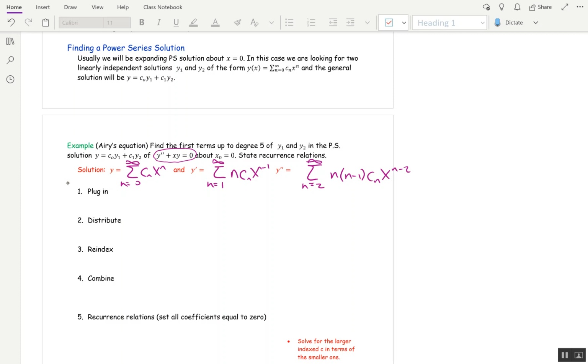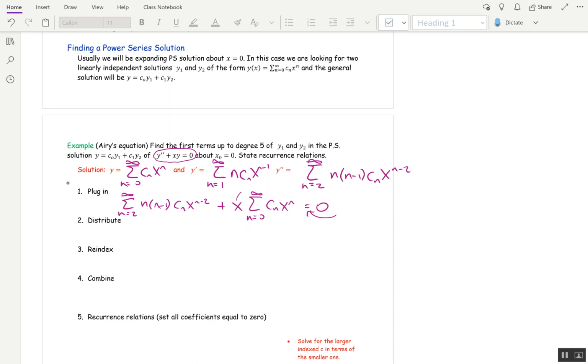So y double prime is the sum, n equals 2 to infinity, of n times n minus 1, Cn, x to the n minus 2. And then I want to add on x times y. Y is the sum n equals 0 to infinity Cn x to the n. And now remember, this is an equation, so when you send me your work on the next test, which you will, I want to see that equals 0 there.